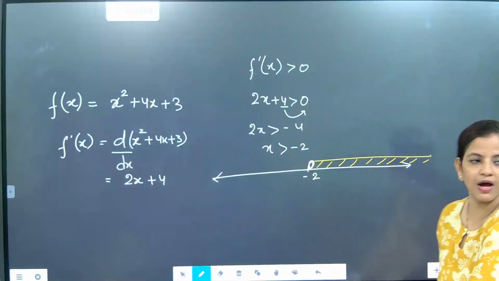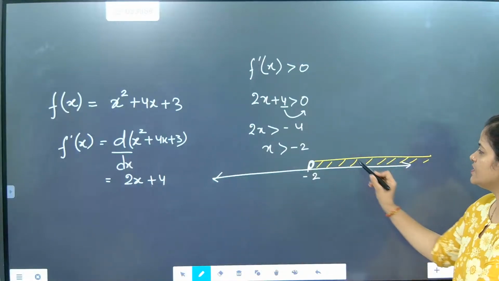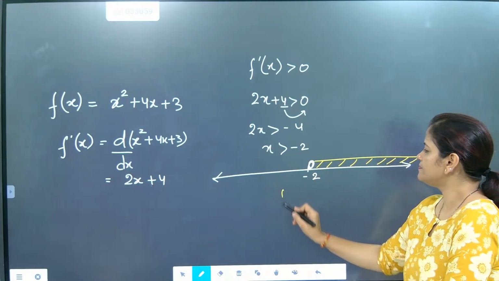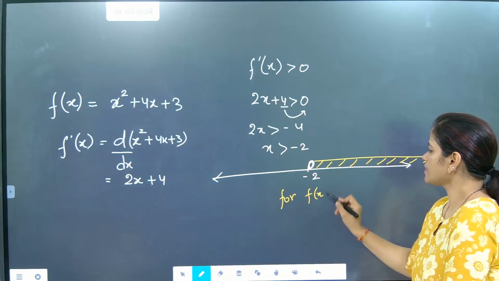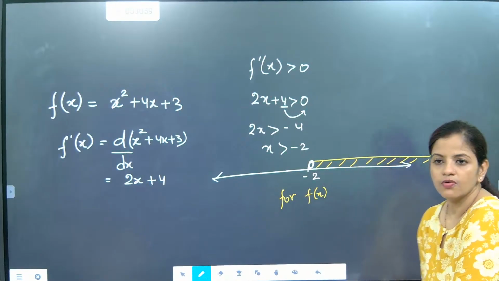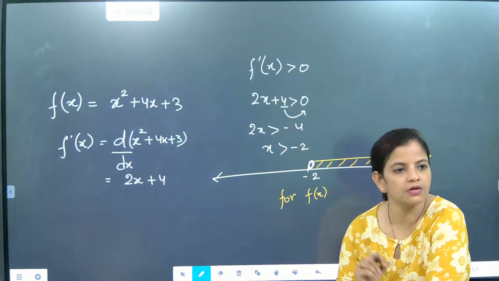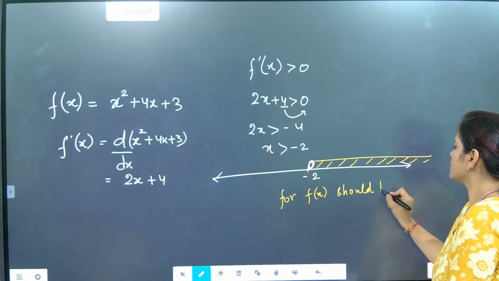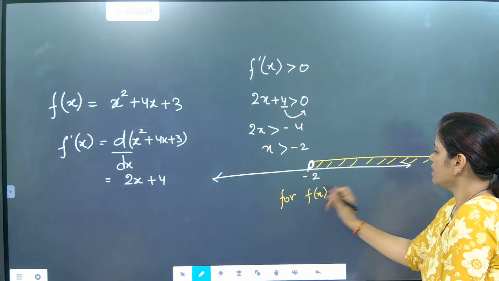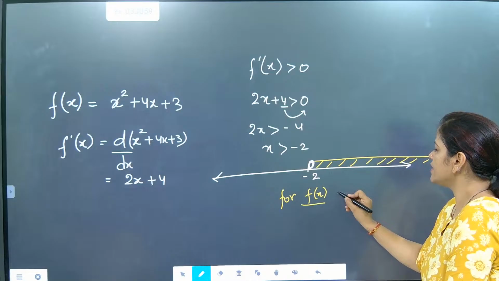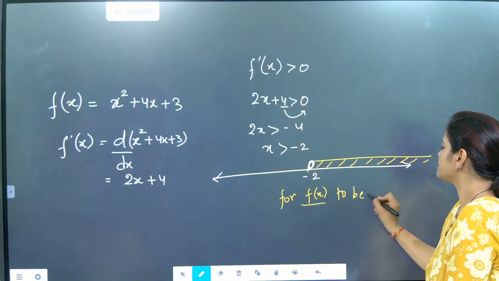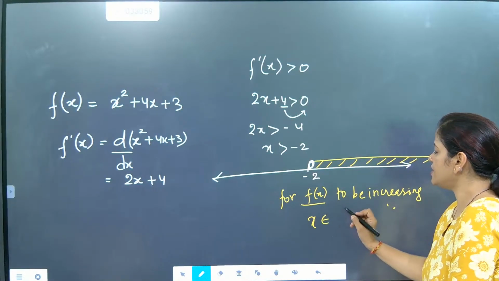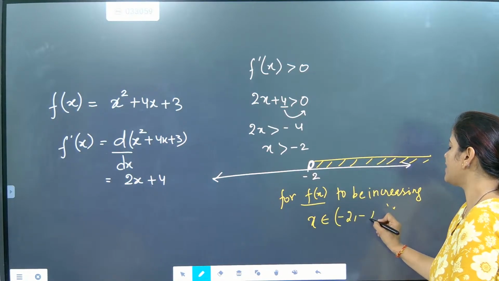So this is exactly for increasing: x should be greater than minus 2. For f of x to be increasing, x must belong to the open interval minus 2 to infinity.